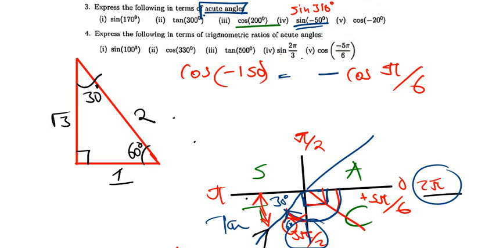Now cosine 30, looking at this triangle, tells us adjacent, so it will be negative root 3 over hypotenuse 2. So this is how you handle question 3 and 4 basically.